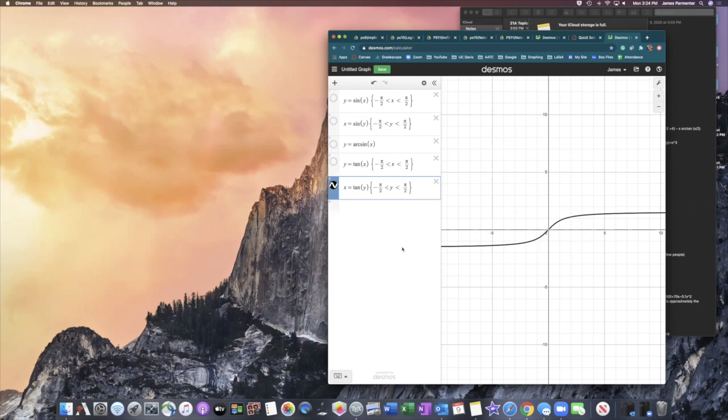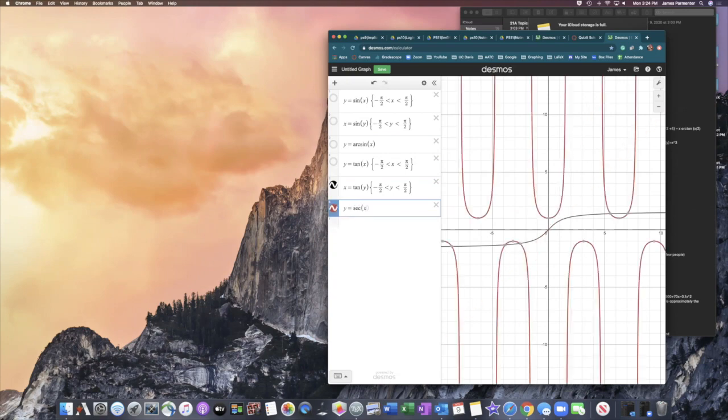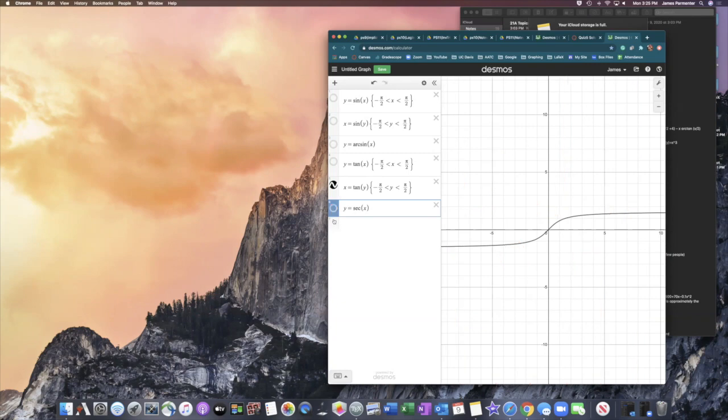Now, there's a problem with secant. And I'm actually curious to know how Desmos defines it. So let's actually draw secant first. There's secant. And the problem with secant is that not everyone agrees where we should cut it off, because we want to make it one-to-one. We all agree for cosine.